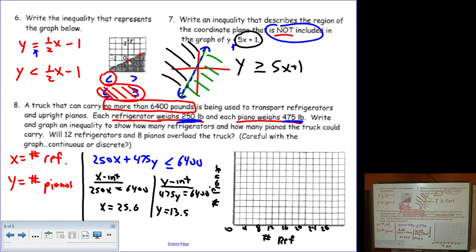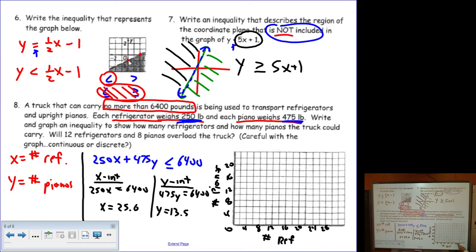And then the y's, let's see, 1, 2, 3, 4, 5, 6, 7, 8, 9, 10, 11, 12. I can't go by ones, so I'll go by twos again. And I would have 2, 4, 6, 8, 10, 12, 14, 16, 18, 20, and that's enough. So the x-intercept is at 25.6.